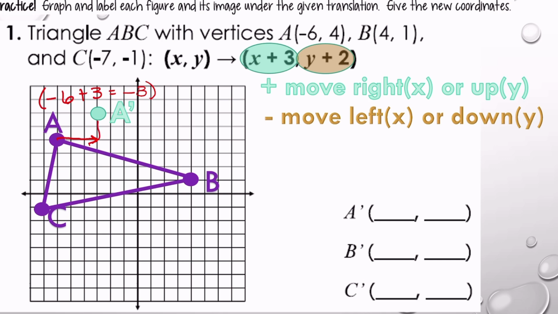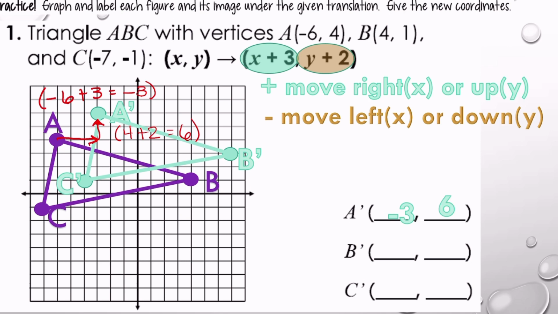Then I went up 2, meaning I took my y value and added 2, which now gives me 6. Okay? And I'm going to do that with each point. Everywhere I go, I'm going right 3, up 2. So you can do it by counting on your graph, or you could do the adding like I did to give you these ordered pairs.